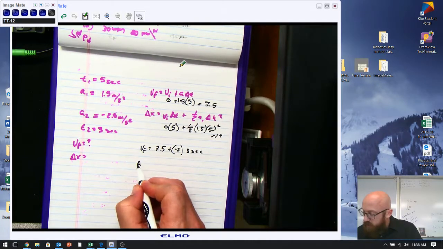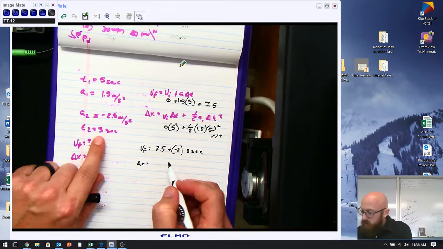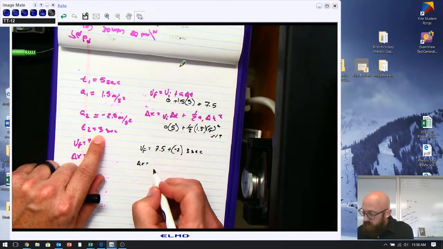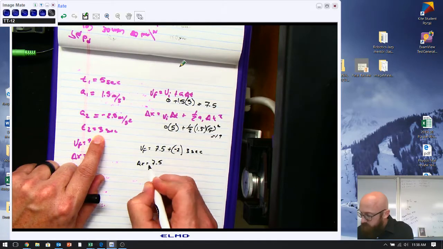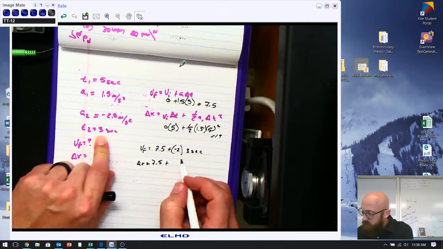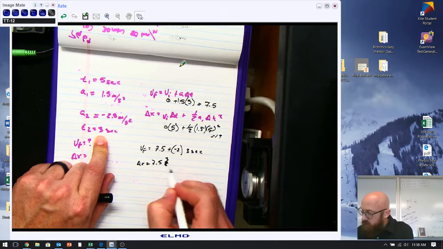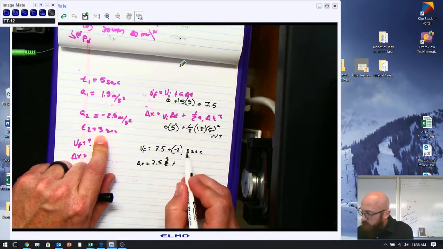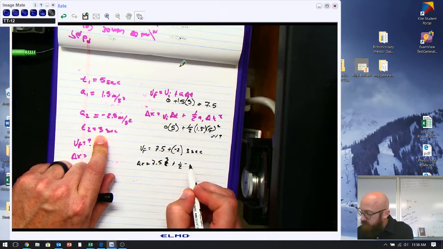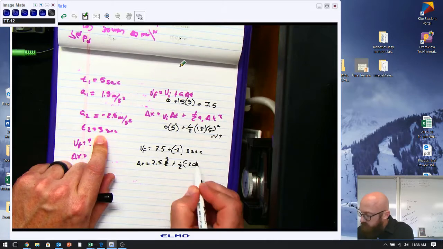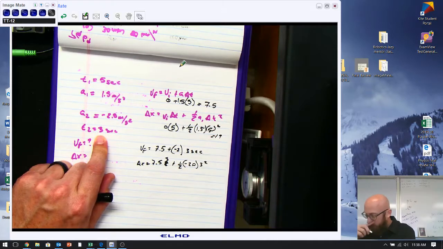Delta x equals your VI, in this case 7.5, times delta t, which is 3 seconds, plus 1/2 times our acceleration, -2.0, times 3 seconds squared.